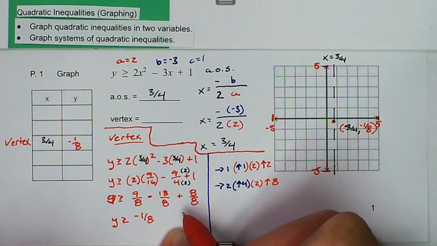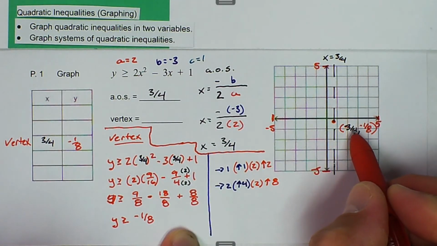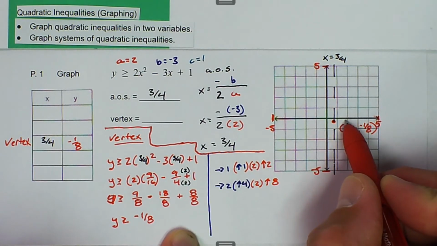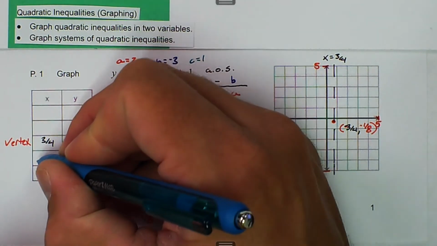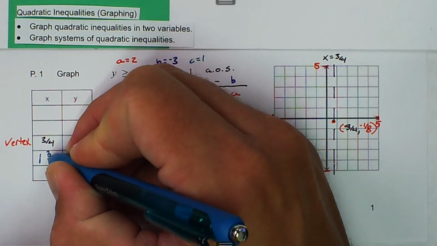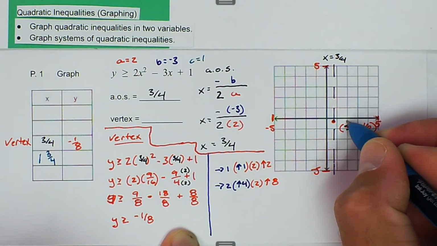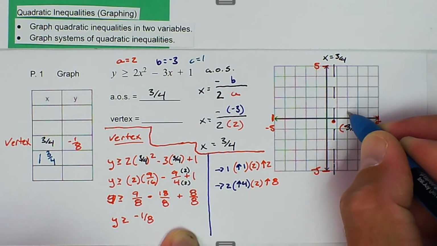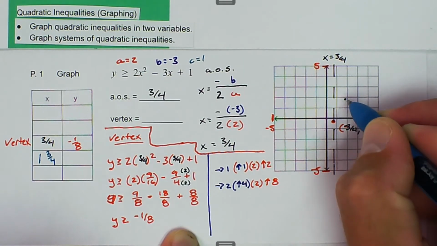It's kind of hard to see with fractions on here. But if we're at 3/4, the next point over is going to be 1 3/4. And then if we go up 2, we're going to be at 1 7/8.